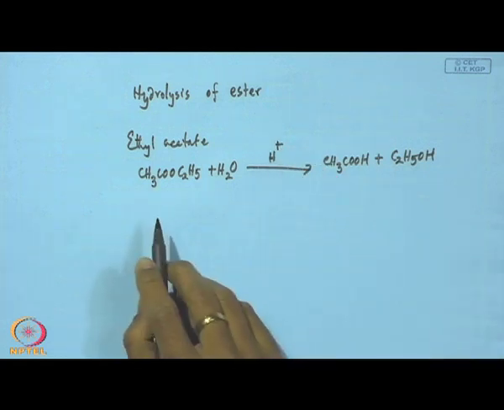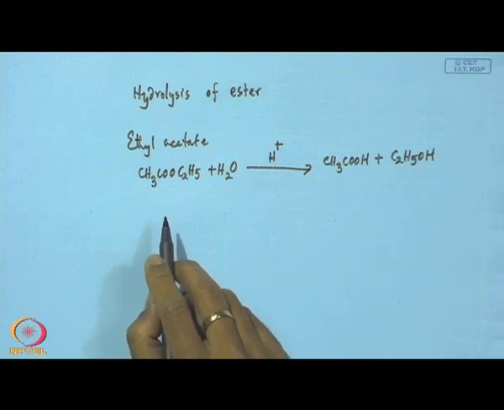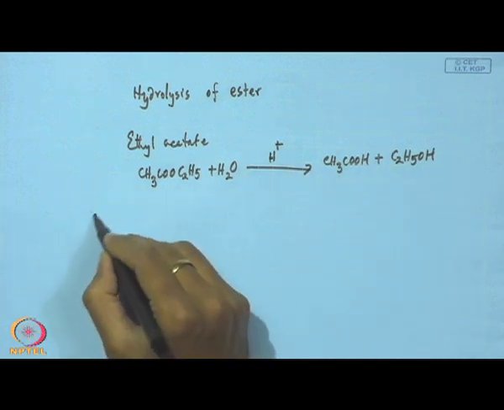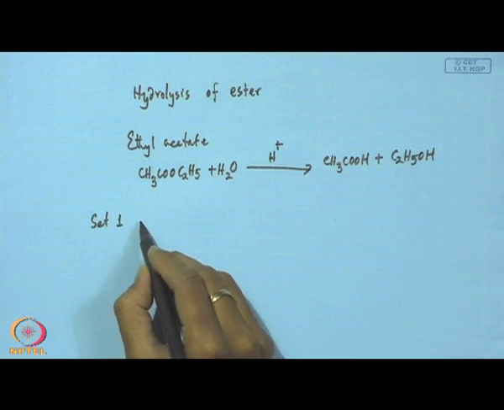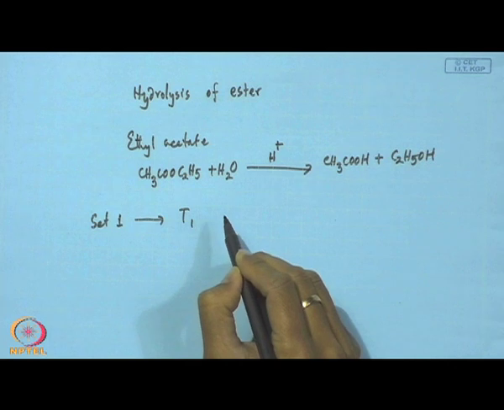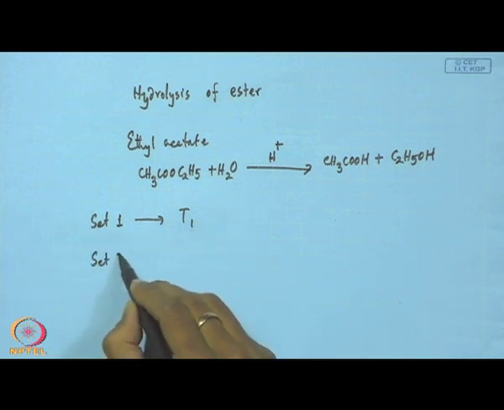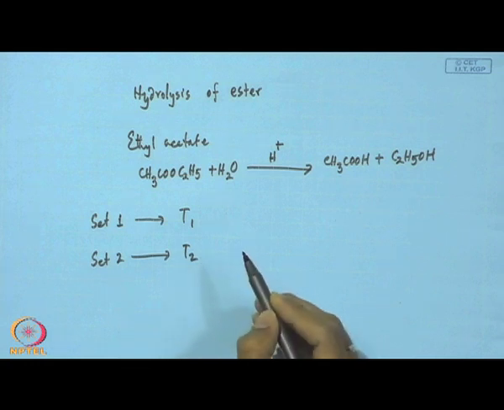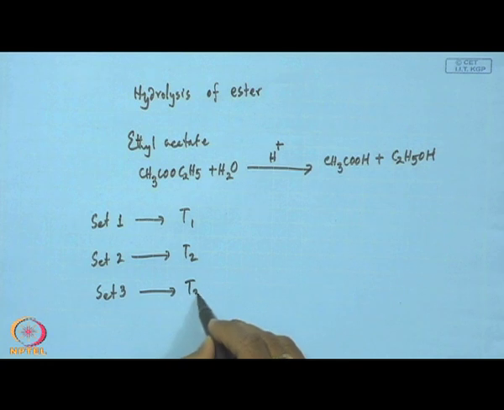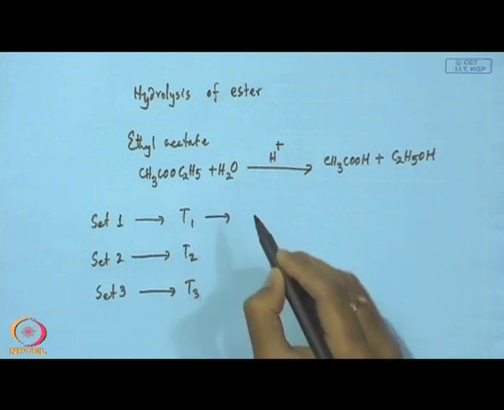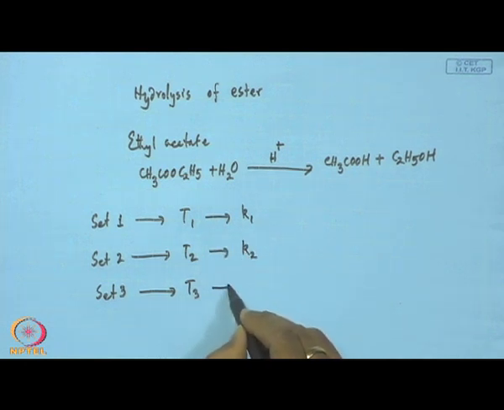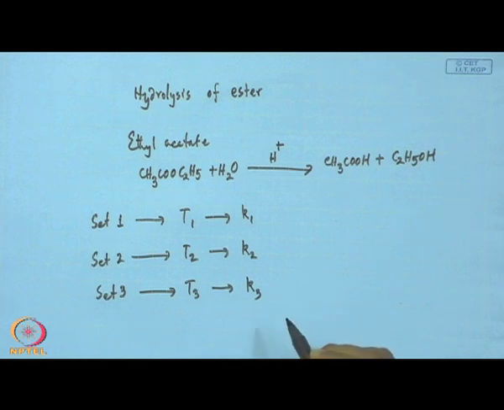So, what you do, you have to have say 3 sets of reaction mixture. So, set 1, you carry out the reaction at absolute temperature T1, set 2 maybe T2, set 3 maybe T3, then find out the corresponding k: K1, K2, K3. Okay.